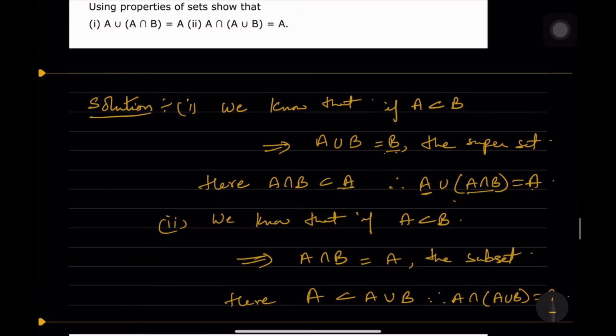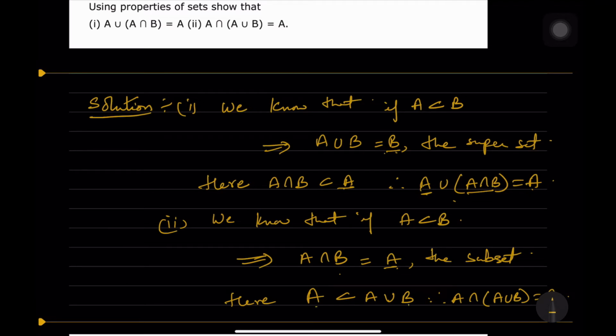Second one, we know that if A is the subset of B, it implies that A intersection B is equal to A, the subset, because intersection means whatever is the smaller one, it will be equal to that. So here A is the subset of A union B. Definitely A union B is the bigger one.